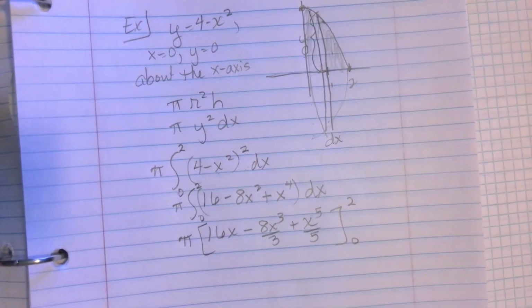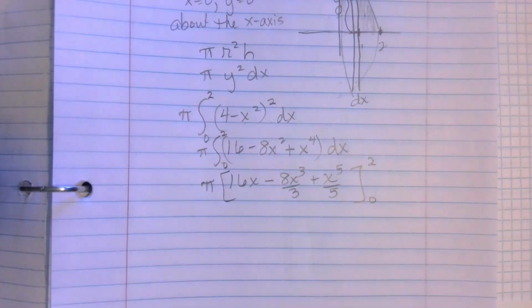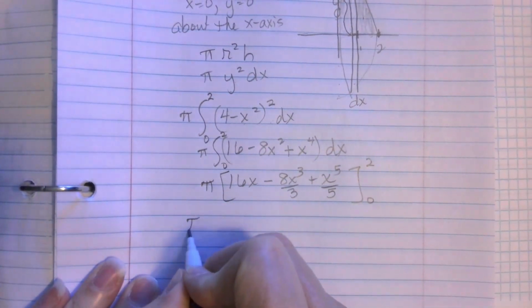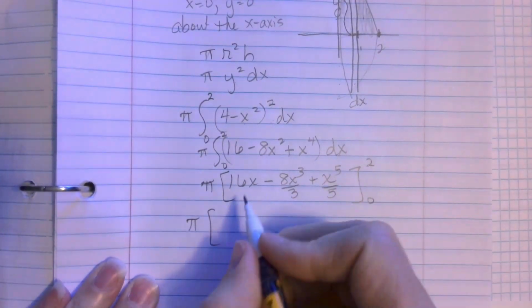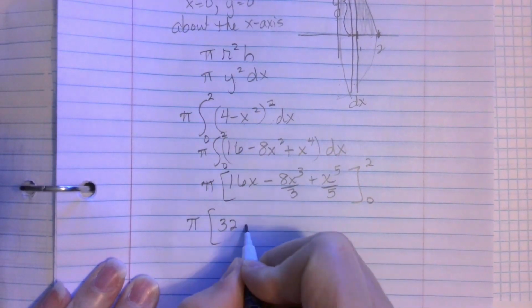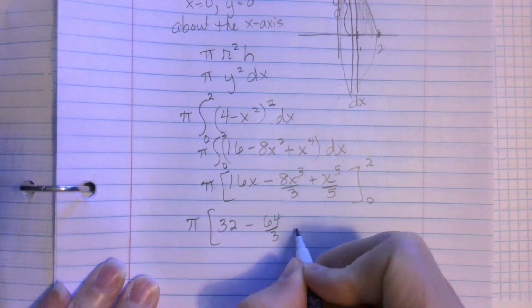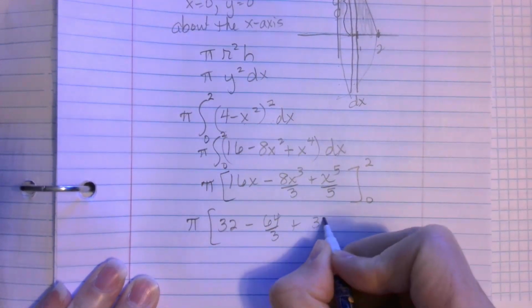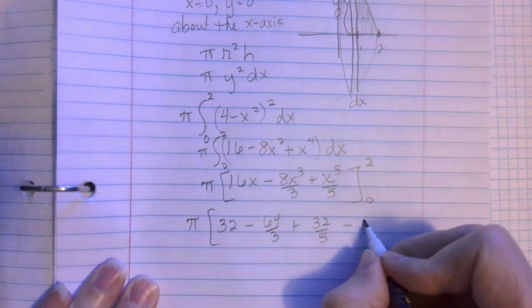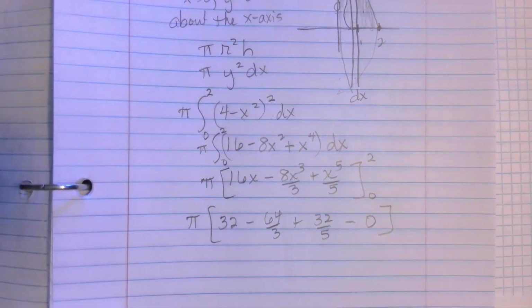Obviously, since I write super fast, y'all can pause this to catch up or whatever you need to do. 16 times 2, 32, minus 8 times 8, 64 thirds. 2 to the 5th is 32 fifths, minus a bunch of zeros.